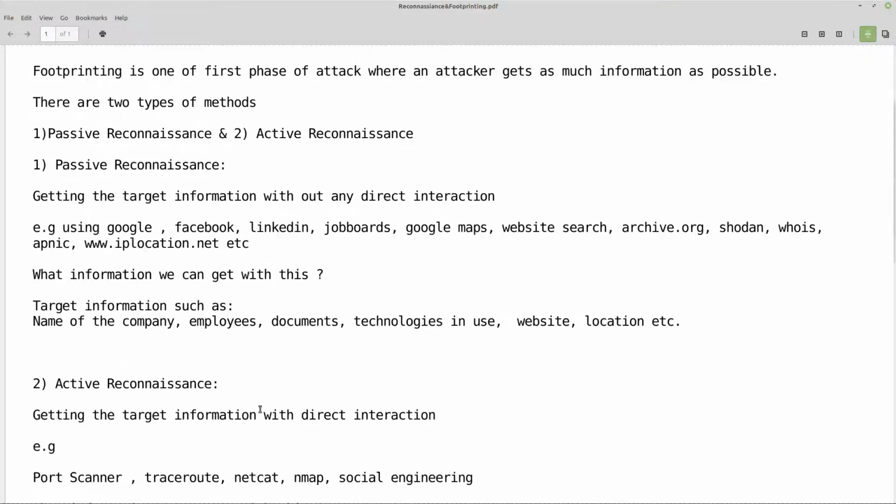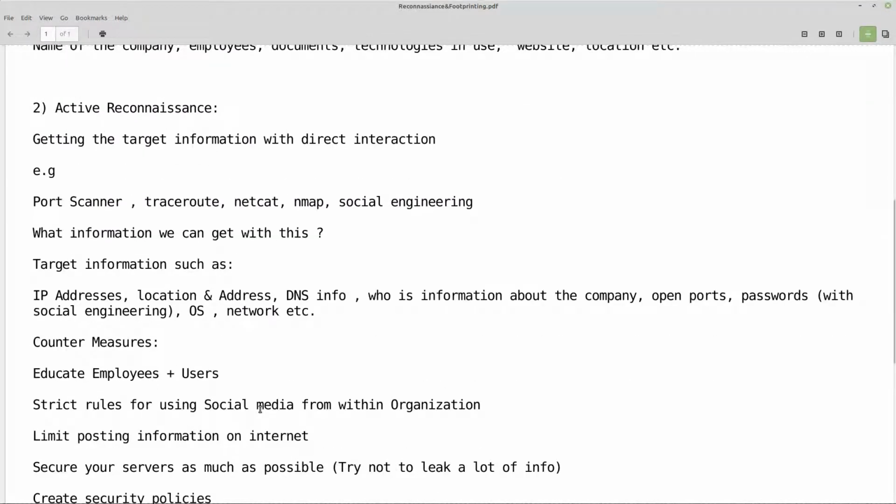Then comes active reconnaissance. In active reconnaissance, we have direct interaction with the target. For example, we do port scanning, we use traceroute, we can use netcat, nmap, and social engineering.